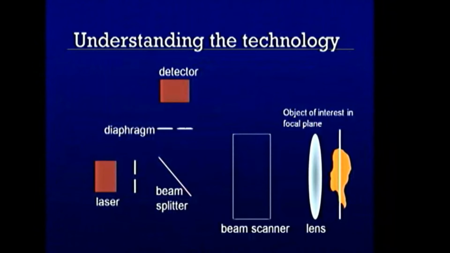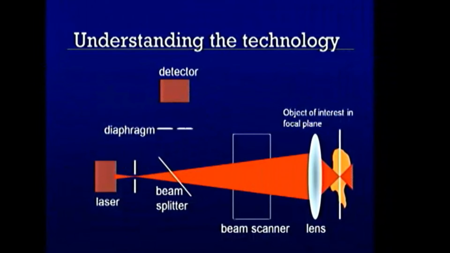The essential components of a scanning laser ophthalmoscope, or HRT, are a laser, a beam splitter, and a detector. The laser shines light into the eye or the object of interest. The light is then reflected and via a beam splitter enters a detector.